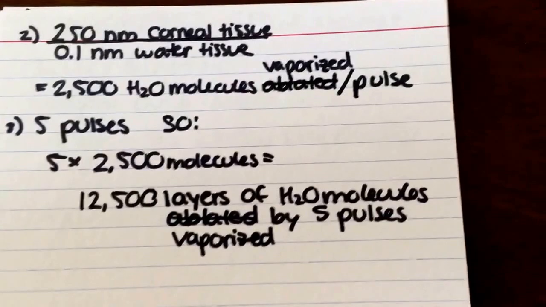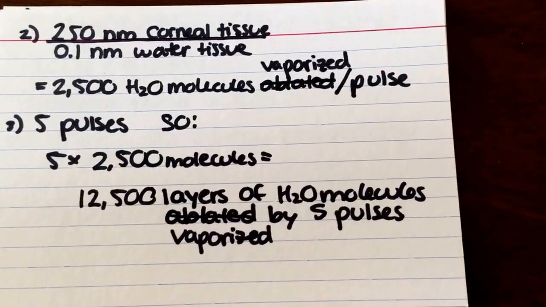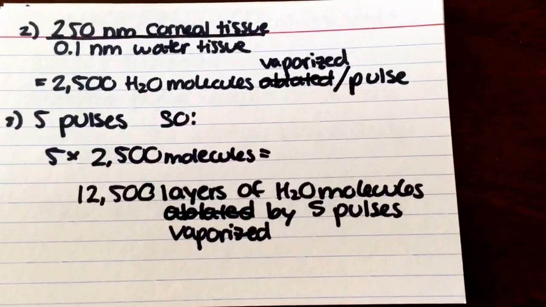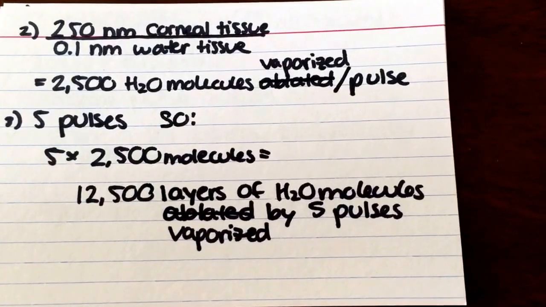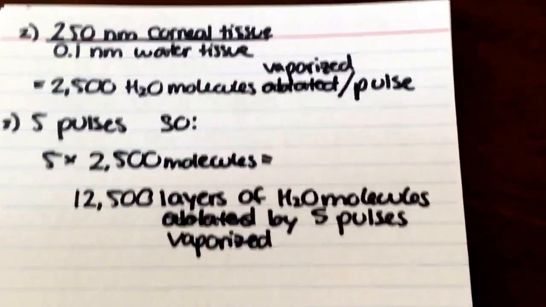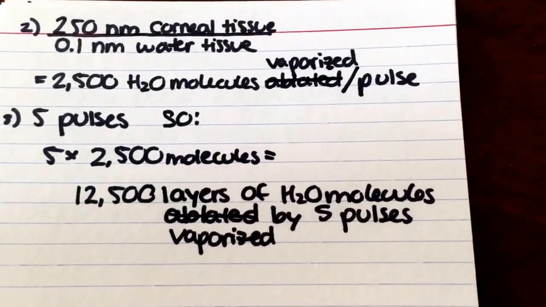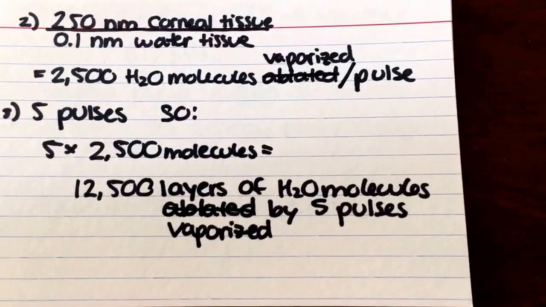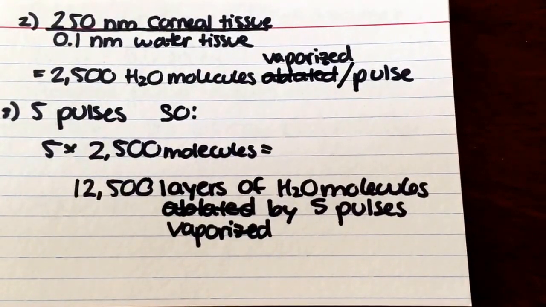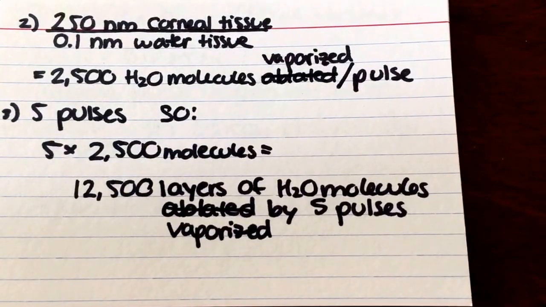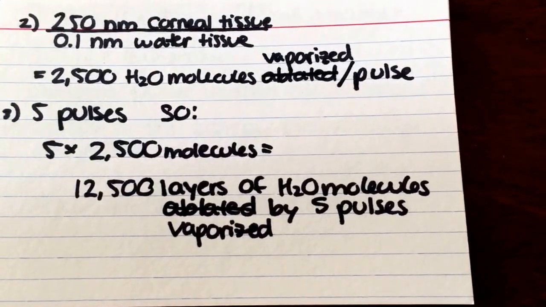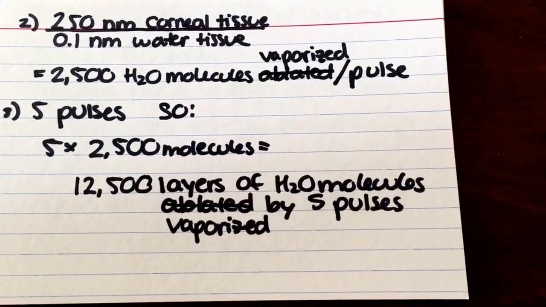So we move on to step number 2. We've converted our corneal tissue to be in the same units as our water. And so we're then going to divide our 250 nanometers by the 0.1 nanometer thickness of the water molecules.